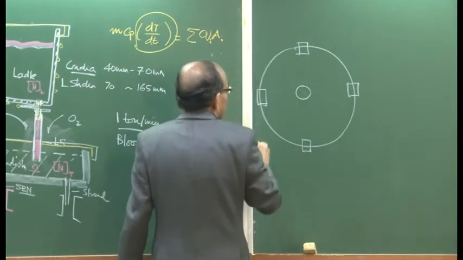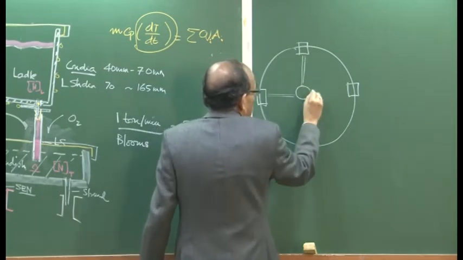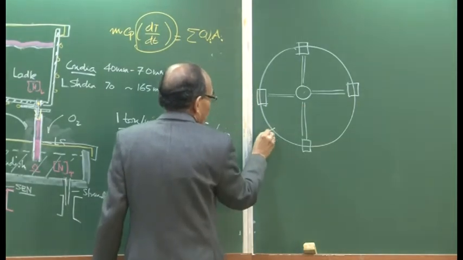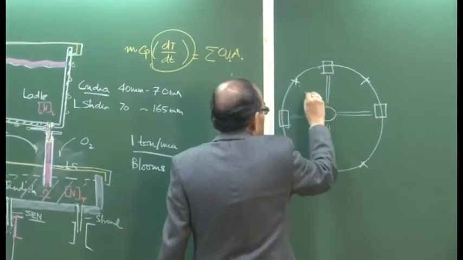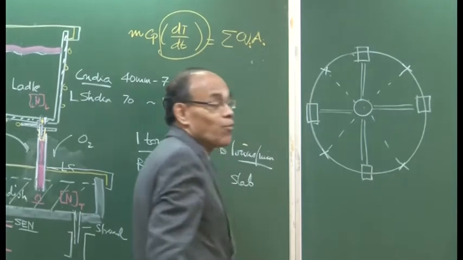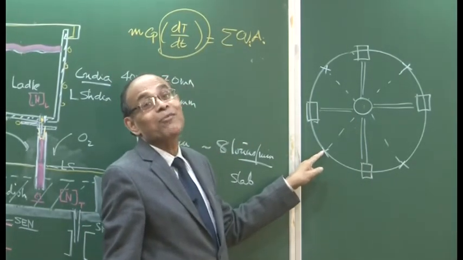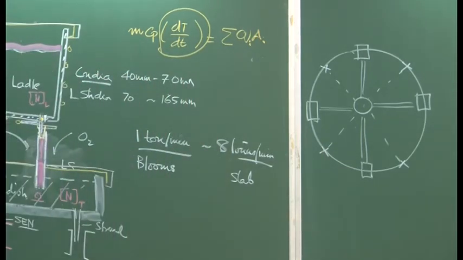This is my ladle, and there are runners here. We can have 8 molds also, and they are always arranged like this, because we want the resistance in the path of the fluid flow to be identical for each mold, otherwise all molds will not be filling at the same rate.